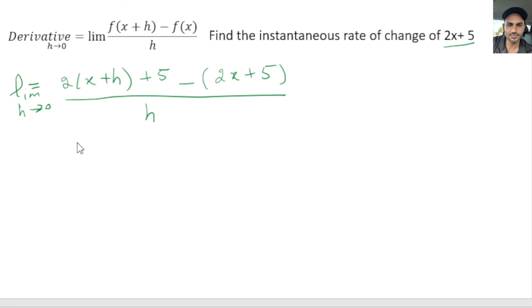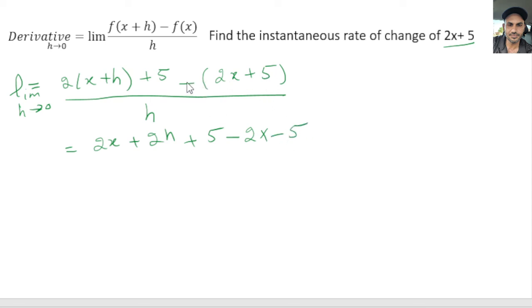Let's simplify it further. We have 2x plus 2h when we distribute the 2 inside, plus 5, minus, and when there's a negative with no number after it, that means there's a 1 there, so it's negative 1. Multiplied by 2x, it becomes negative 2x, and multiplied by 5, it becomes negative 5.